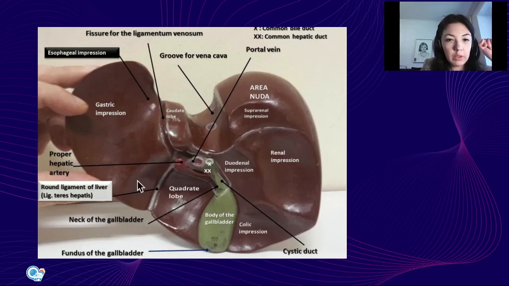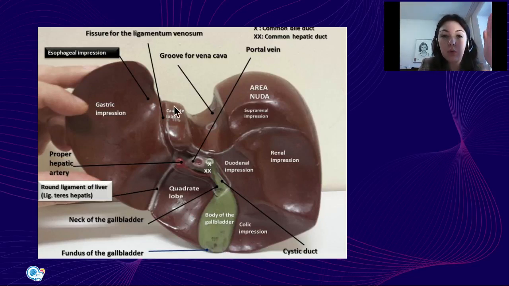We also can see the gallbladder fossa for the gallbladder, colic impression for the right or hepatic flexure of the colon, duodenal impression in the right lobe, renal impression for the right kidney, suprarenal impression, and so on.